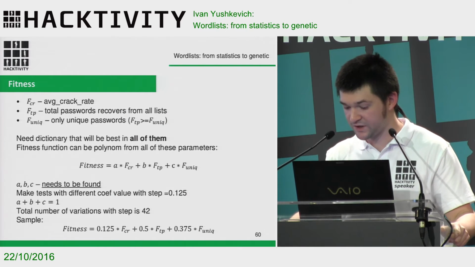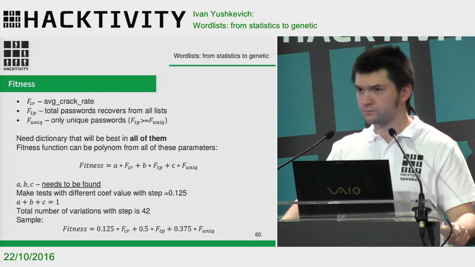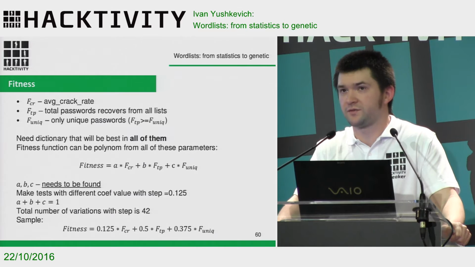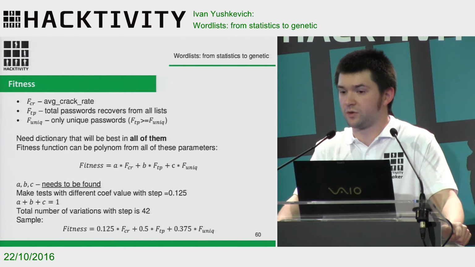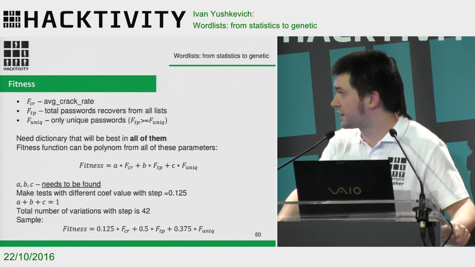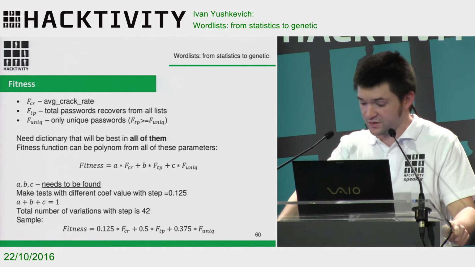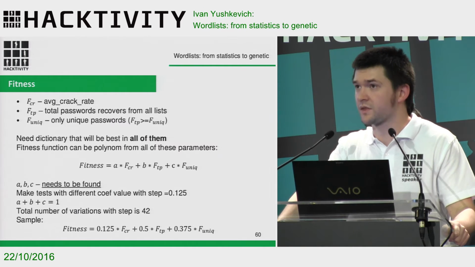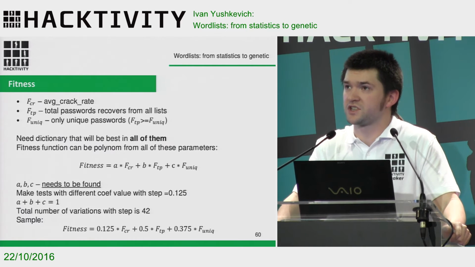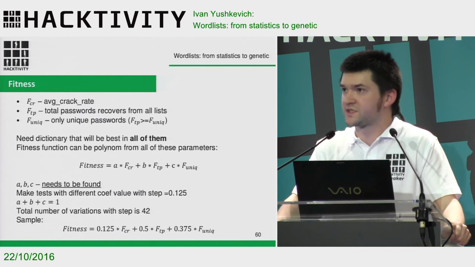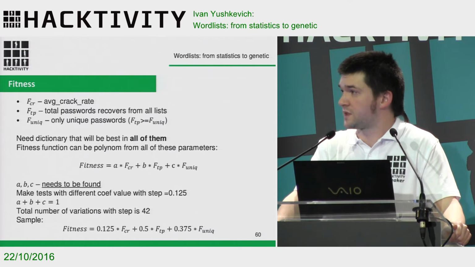And the fitness function. I want a fitness function that pays respect to all the fitness values, like crack rate, total passwords, and unique passwords, as they are not the same. I think that using these, I can create a polynomial with unknown coefficients that should be found.